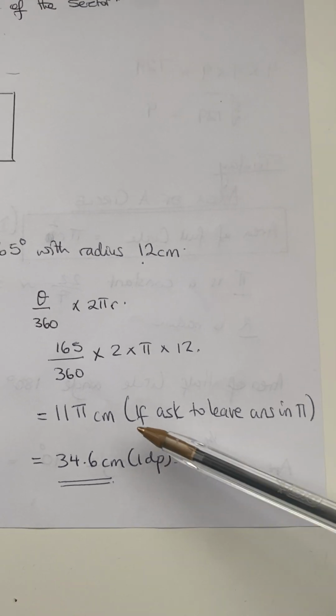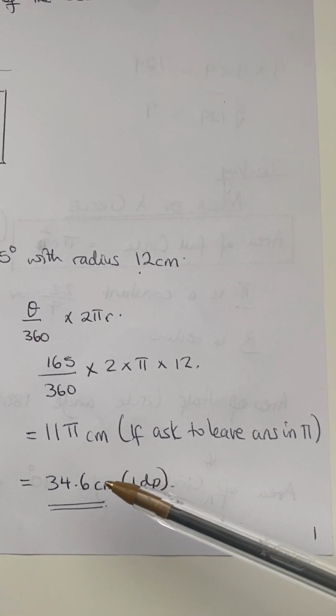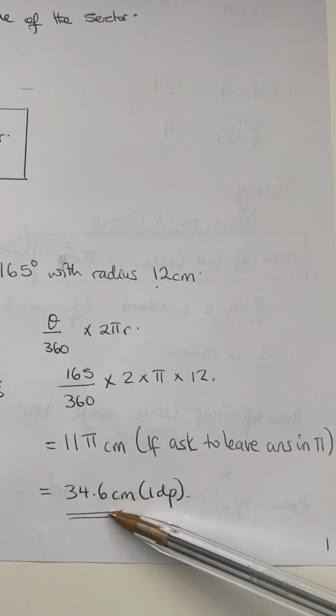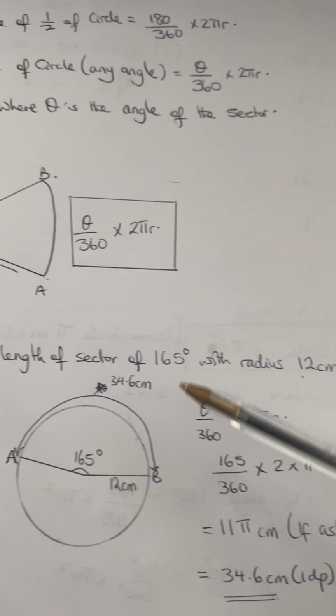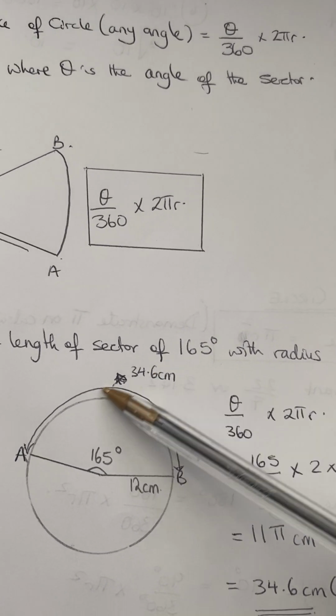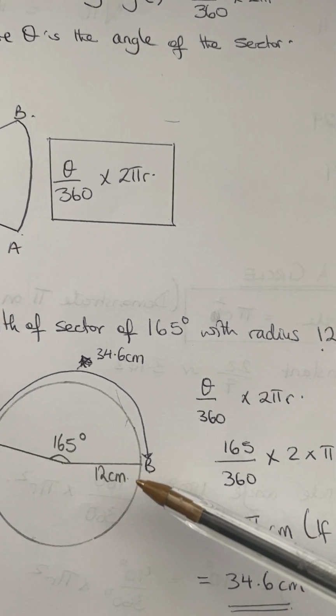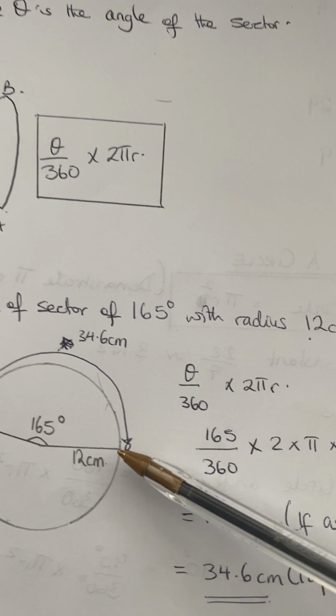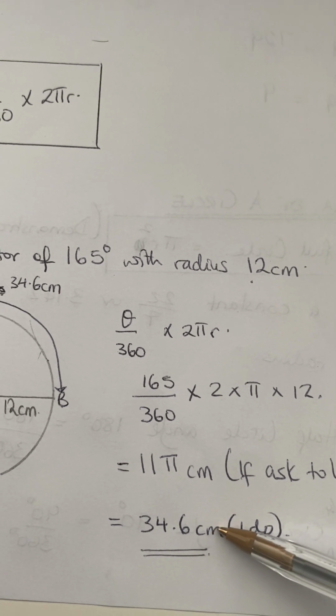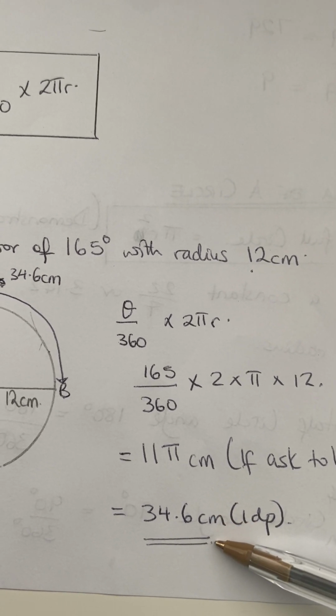If they say a whole number, then it will be 35 centimeters. Arc length, like circumference, is a length, and the radius is in centimeters, so your answer will be in centimeters.